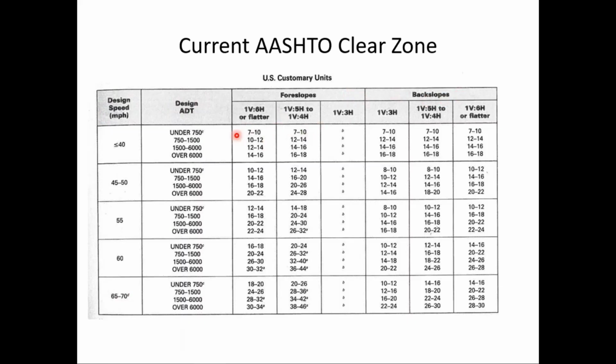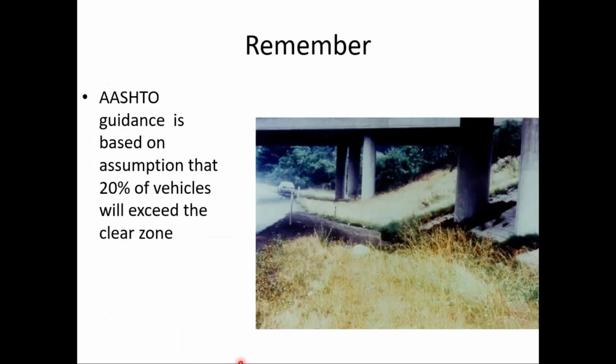And you can notice for lower speed, lower volume roads, you're talking about a clear zone of 7 to 10 feet. For higher speed, higher volume roads, the clear zone, in this case, even goes up to 42 feet or more. So the clear zone depends on these factors that I've just mentioned.